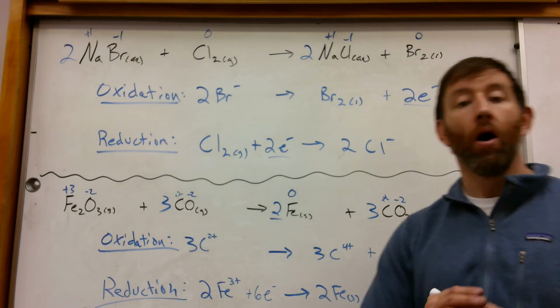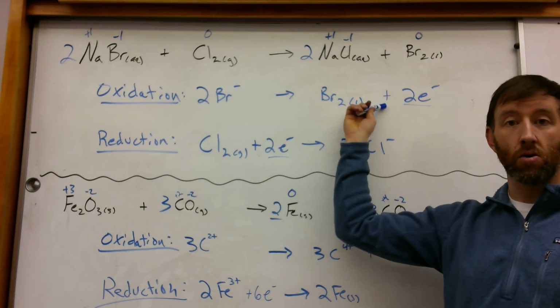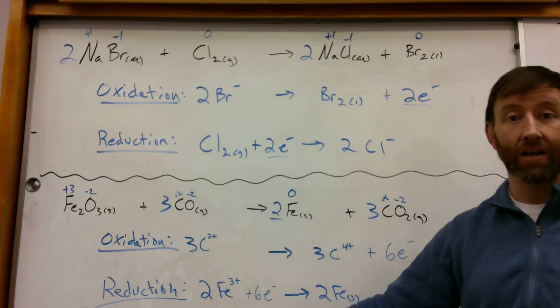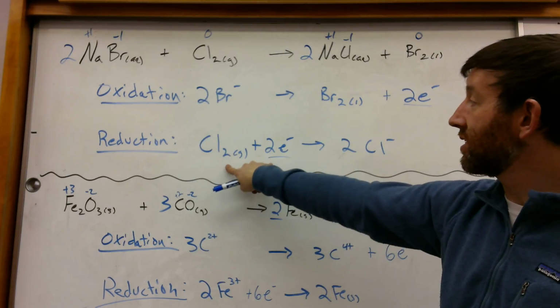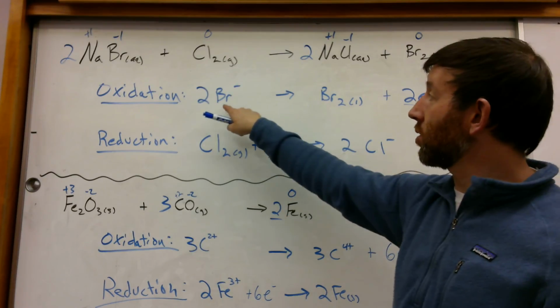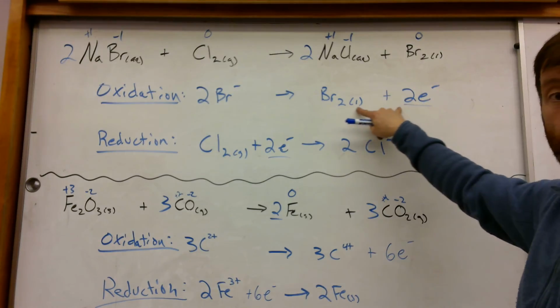Now, a couple things to notice. During oxidation, the electrons are written on the right side of the arrow. During reduction, the electrons are written on the reactant side of the arrow. We're just showing that these things combine to make those. And here we're showing that this had electrons separate from it to make those 2.